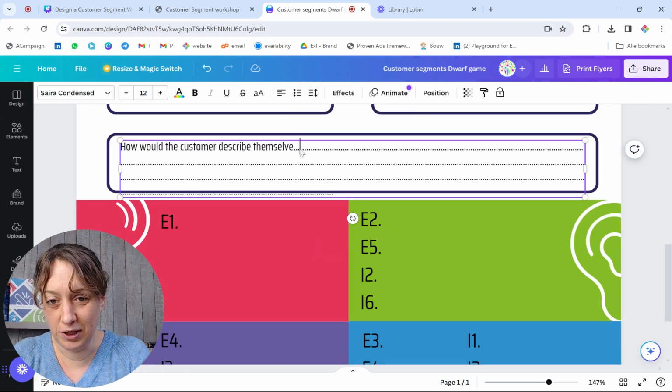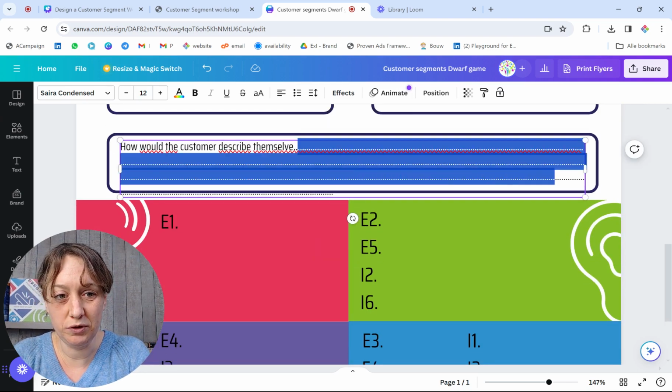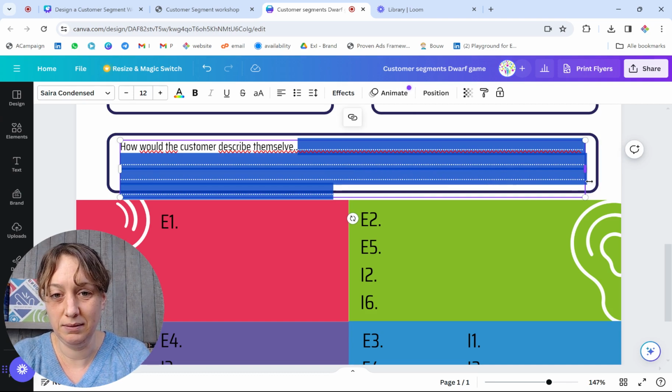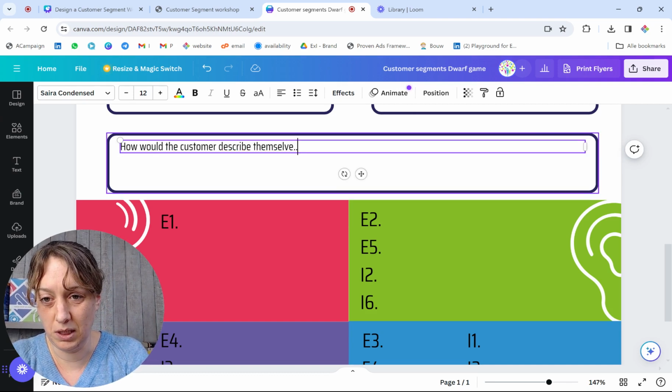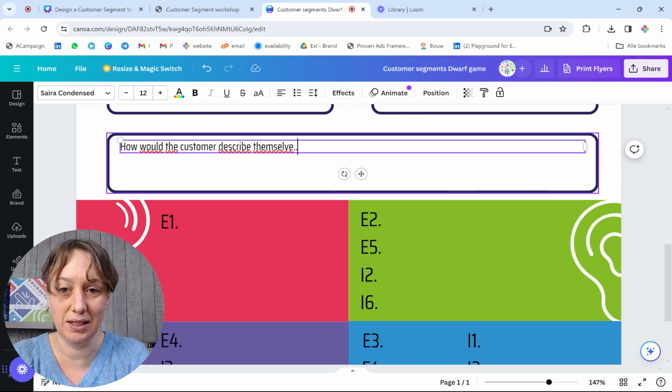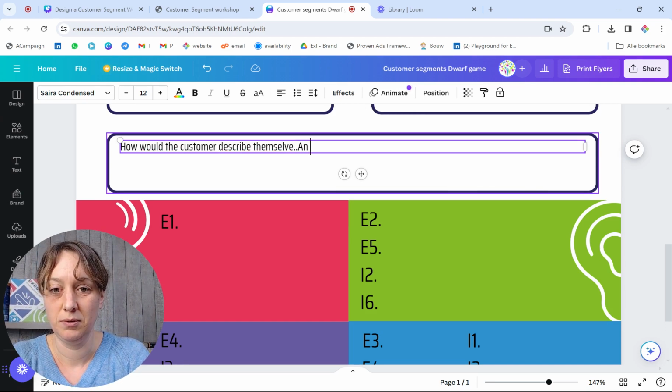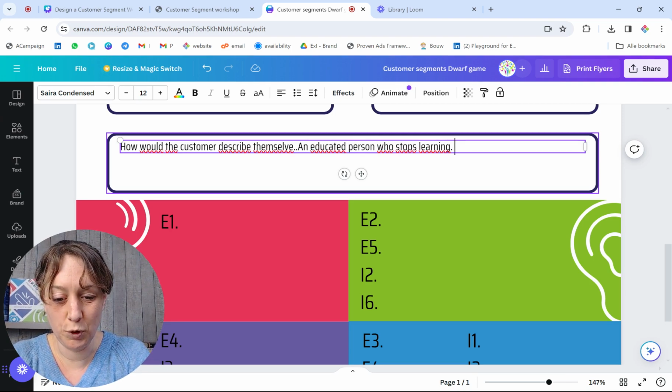How would they describe themselves? Well, Sarah would really describe herself as an educated person who never stops learning. And she wants to bring the same to her children.